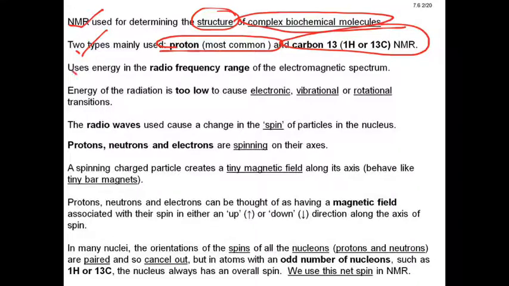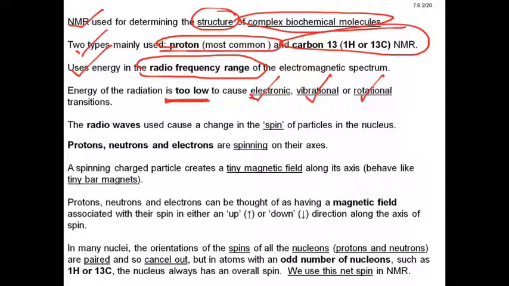Now, the NMR does use frequency in the radio frequency range of the electromagnetic spectrum, the lowest frequency or energy part of the spectrum. Okay, next point is that this energy of the radiation is too low to cause electronic, vibrational or rotational transitions. Okay, these are the ones from the flame colours, the atomic emission, the atomic absorption.